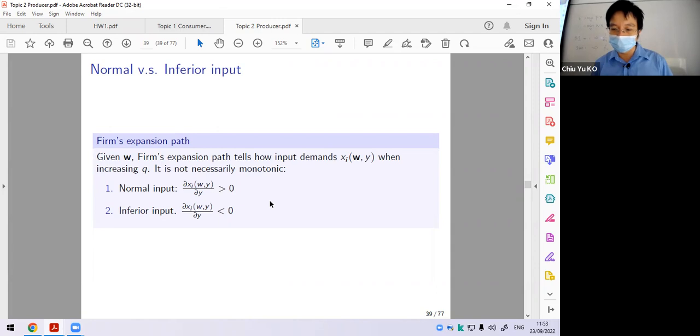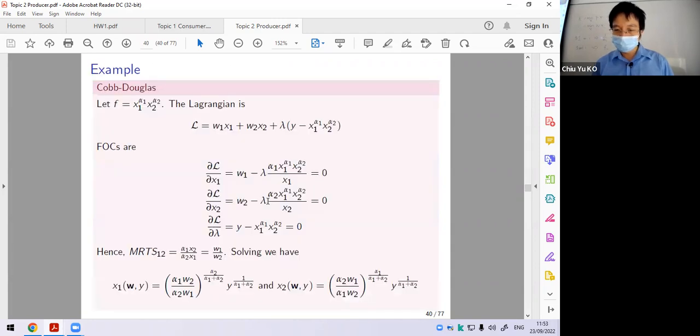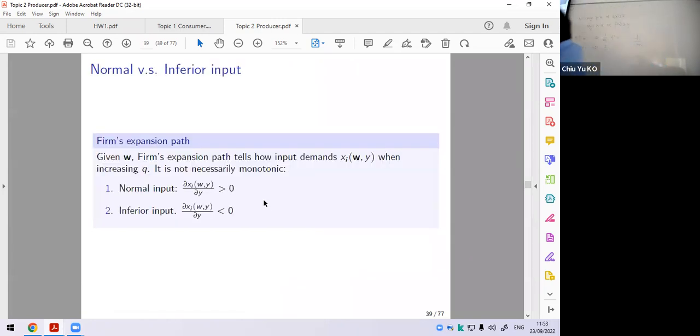I just want to keep it there, not very important, okay? And the expansion path is like, usually you would see something like this come out, okay? It's normal, right? But it's possible that you can go in this direction. Okay.